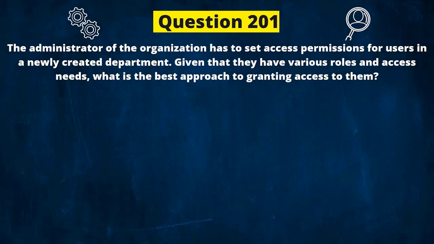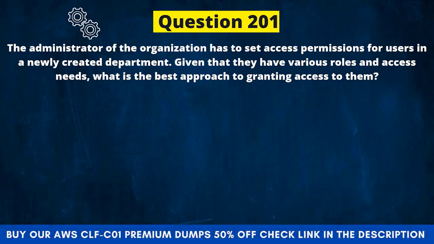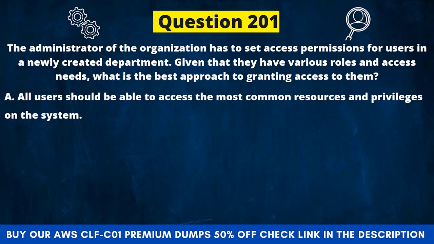Next question. The administrator of the organization has to set access permissions for users in a newly created department. Given that they have various roles and access needs, what is the best approach to granting access to them? And the options are A. All users should be able to access the most common resources and privileges on the system.